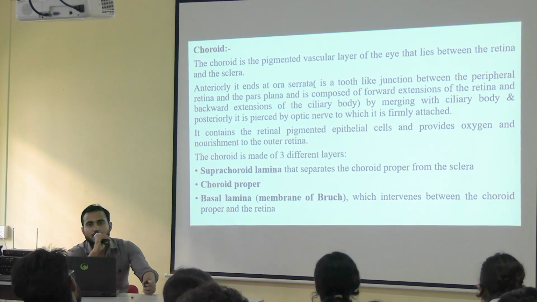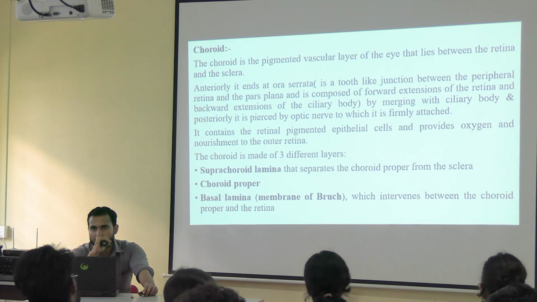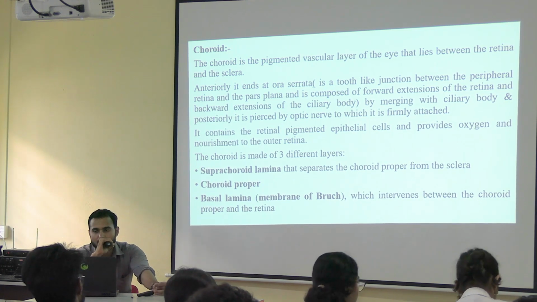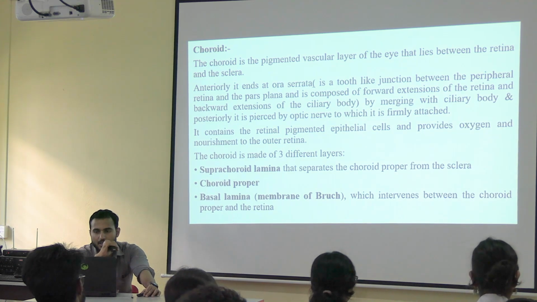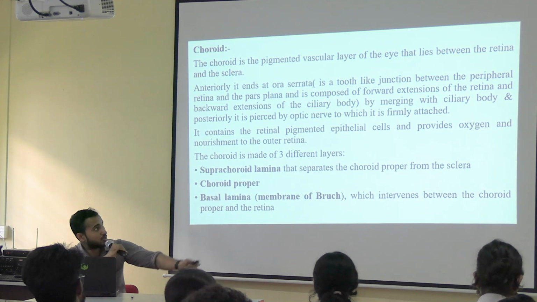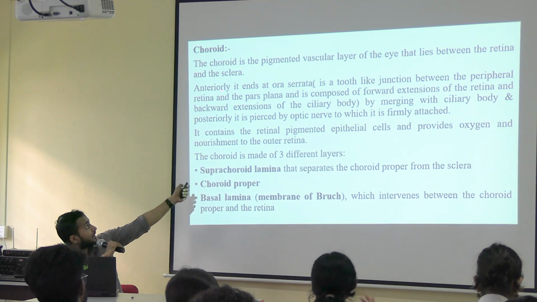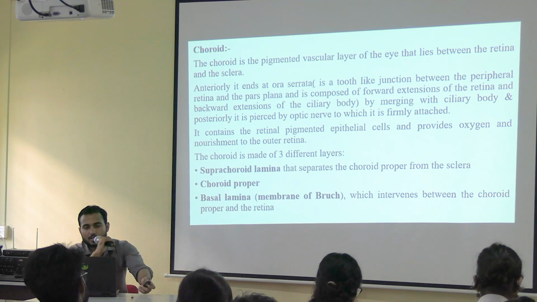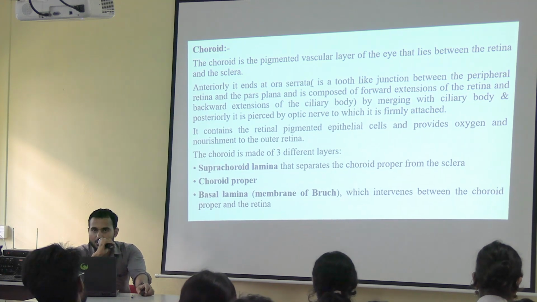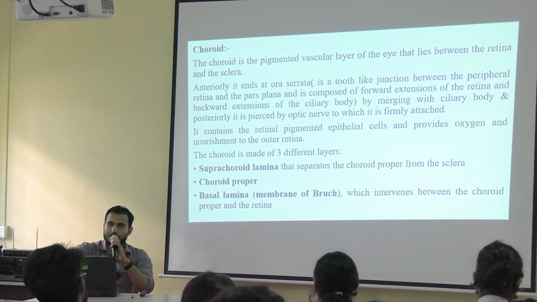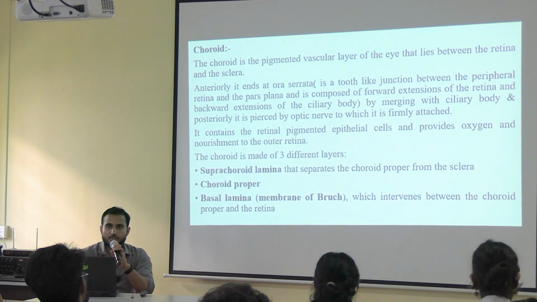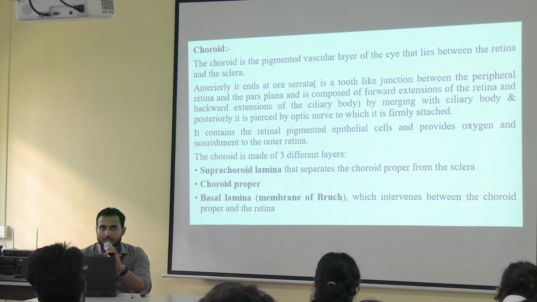So choroid is a pigmented vascular layer. That means pigment cells are also present, and along with that blood vessels are also present. And where is it situated? It is situated in between the retina and the sclera. Retina और sclera के बीच में रहता है choroid. Now if you see the extent, posteriorly and laterally it is completely covering the eyeball, and it is also pierced by the optic nerve.